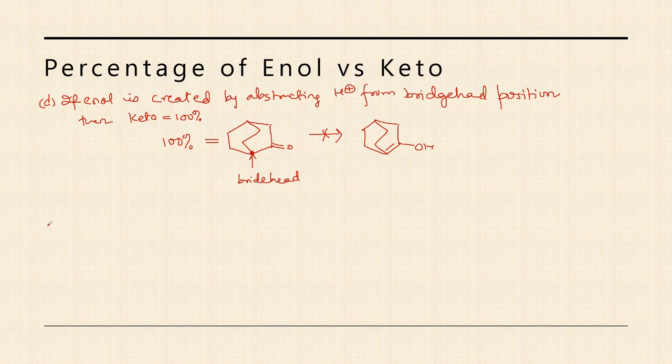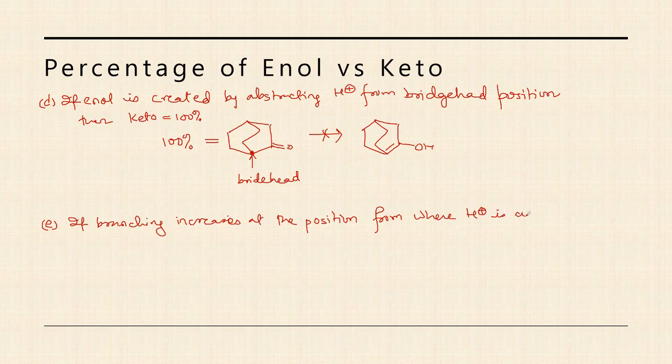नेक्स्ट, okay. If branching increases at the position from where H plus is abstracted, then enol percentage increases.